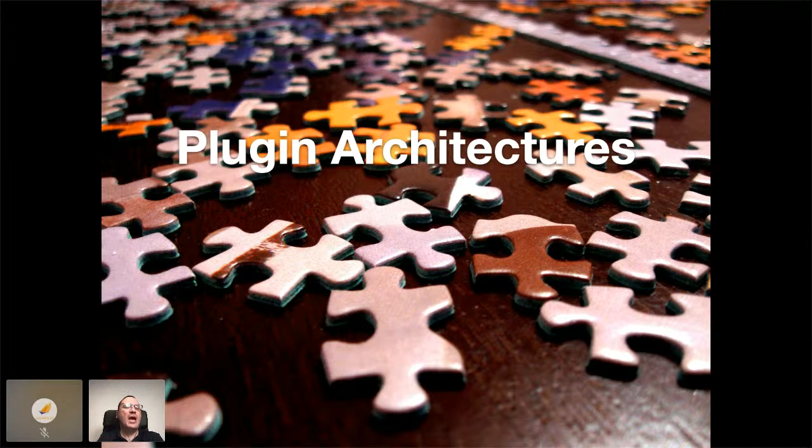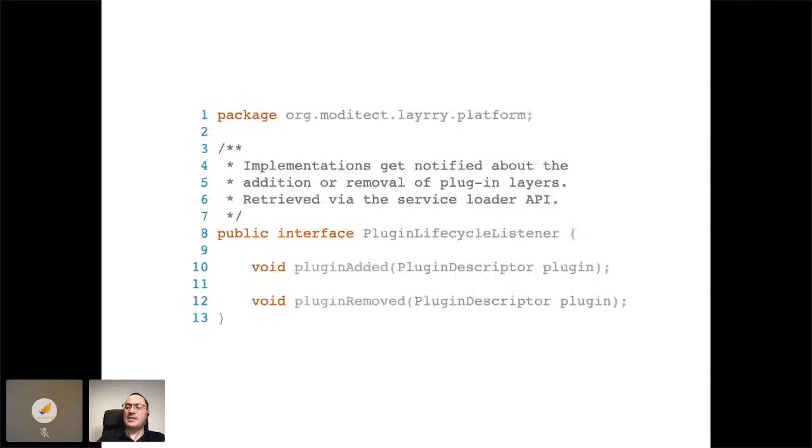Most of the times we don't have to restart, but if we do, well, okay, you still can hook up additional behavior. But the original idea of OSGi and other plugin architectures is that you install a plugin that is specific to the application or the platform, and you get additional behavior. And if you uninstall the plugin, then that behavior gets removed. Well, Layrry allows you to do something like that. And this is how.